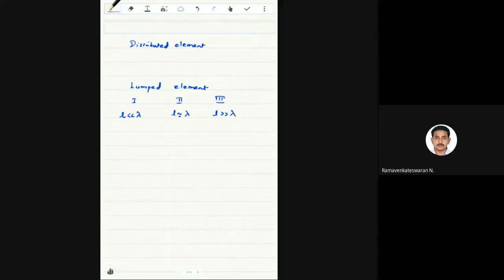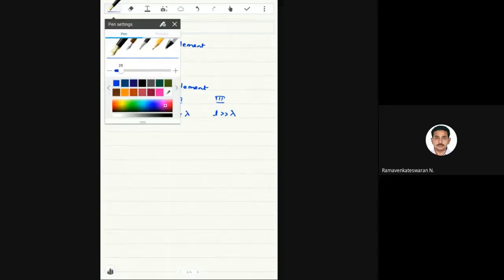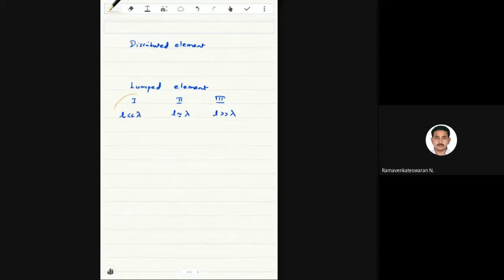You have told this first answer, so exactly correct. So the physical dimension, if you take a resistor or chip resistor, something like that, or inductors, the physical length L, let us take L1, L2 or L3, all of these will be less than the operating wavelength.